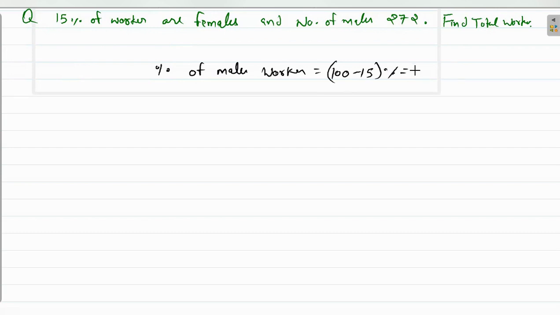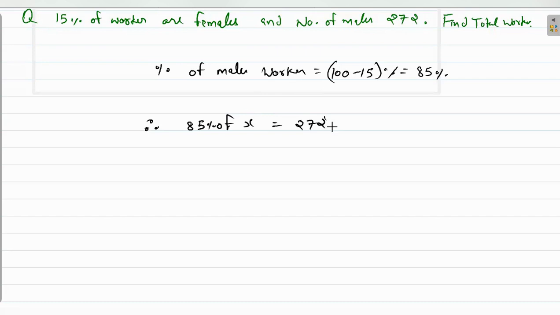So that will give you 85%. Perfect. And then what are you going to do? We can say 85% of x, again we are assuming total workers as x, is equal to 272, which is given to you.